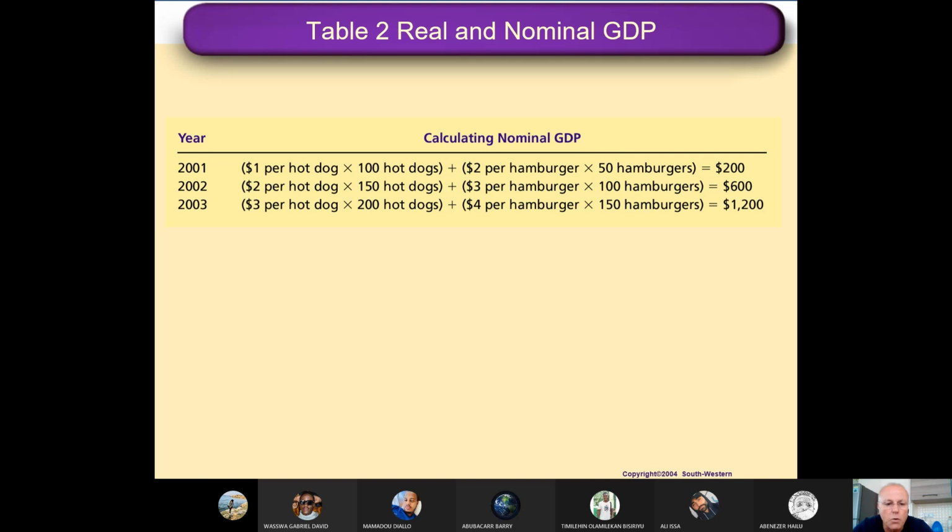For 2002, you have $2 per hot dog multiplied by 150 hot dogs plus $3 per hamburger multiplied by 100 hamburgers, then you have 600. But as you see, now the price manipulates this calculation. You understand?